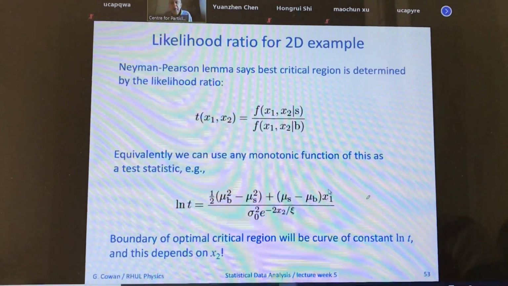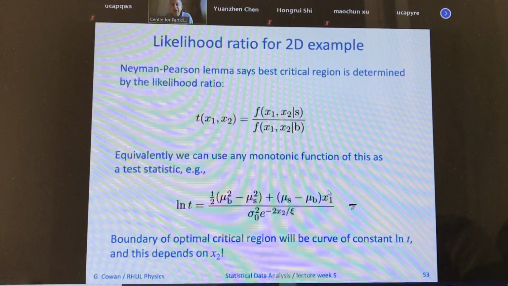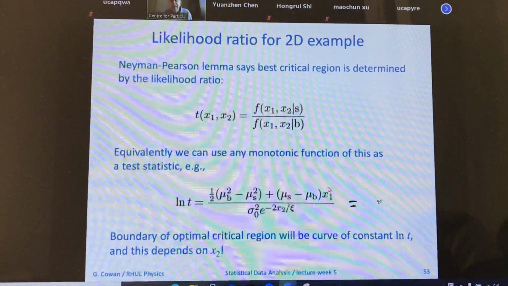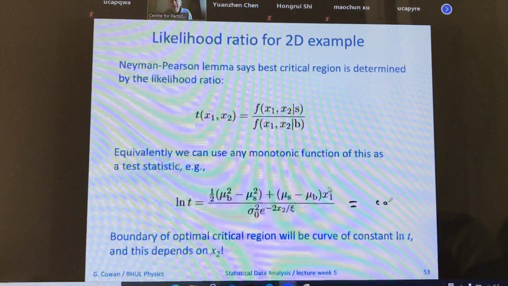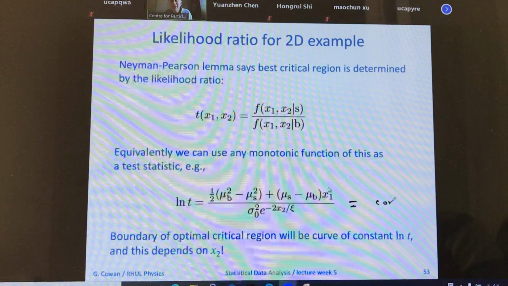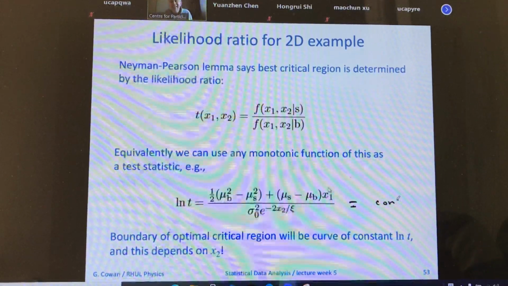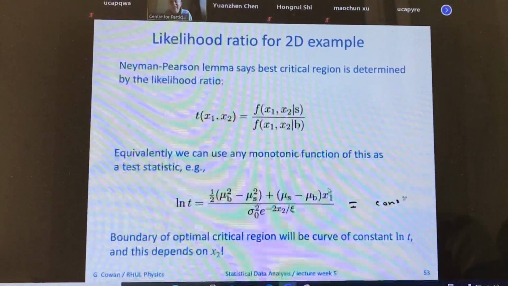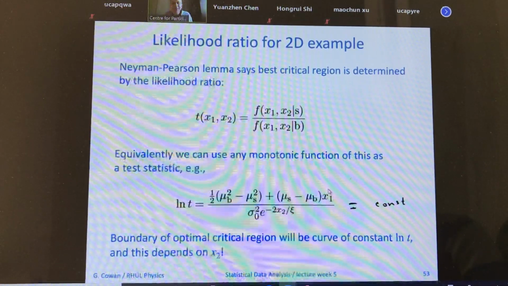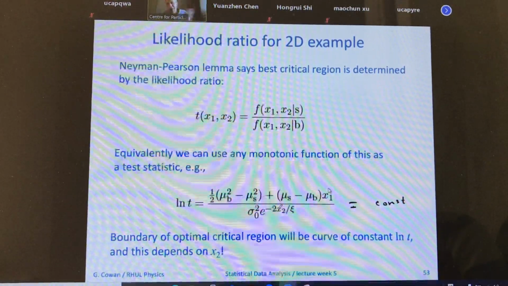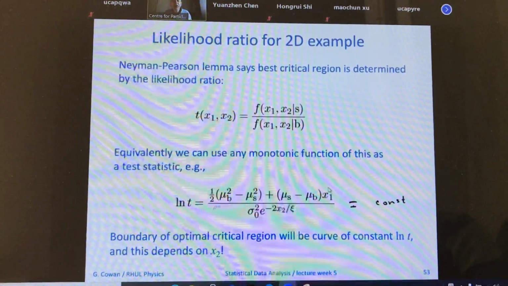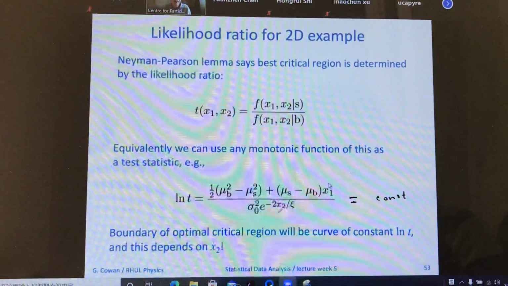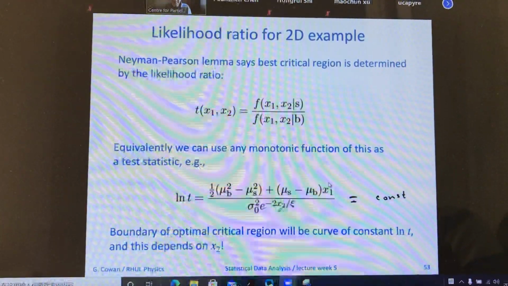So for example, if you set that equal to a constant, then in the x1, x2 plane, curves of constant log t will depend on x2. So let's look at that.